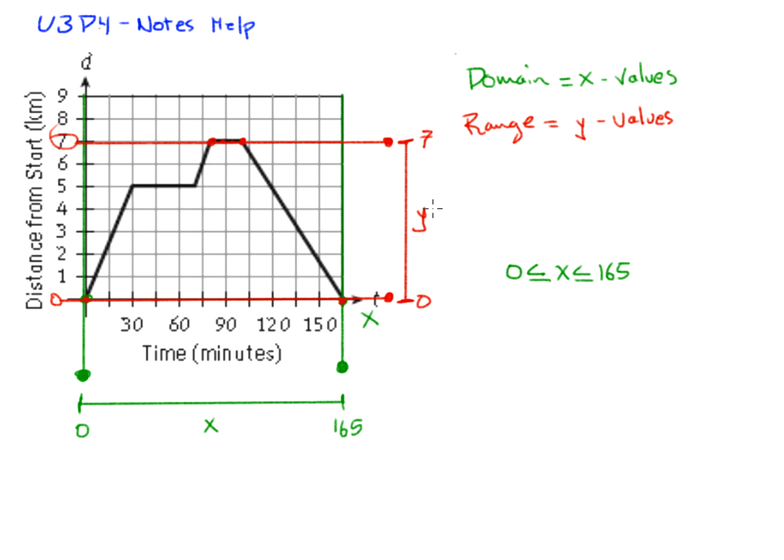And then here, for my range, I can write 0 is less than or equal to y, which is less than or equal to 7. This, in the story, is talking about time. And in this story here, this is talking about distance.